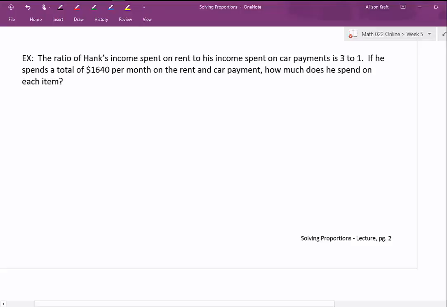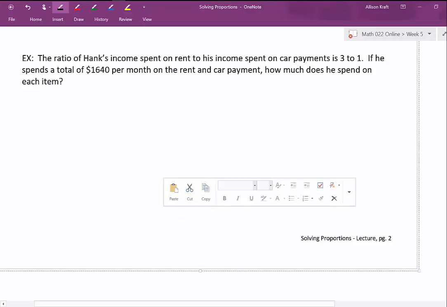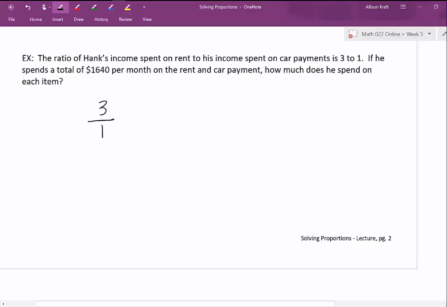Our last application states the ratio of Hank's income spent on rent to his income spent on car payments is 3 to 1. If he spends a total of $1,640 per month on the rent and car payment, how much does he spend on each item? The first pair of information we were given is that the ratio of rent to car payment is 3 to 1. 3 to 1 is our first ratio, with rent being in the numerator and car being in the denominator.